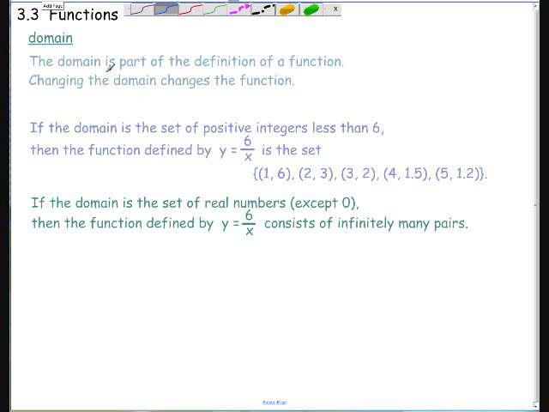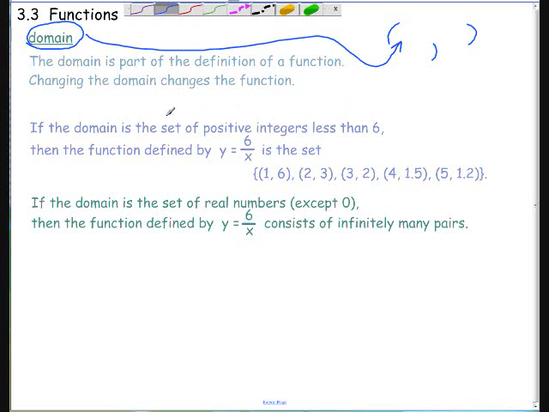Domain. Domain is part of the definition of a function. Changing the domain will change the function. The domain, you remember, is the first part in a relation, the first member. If the domain is a set of positive integers less than 6, positive integers, so that doesn't include 0.